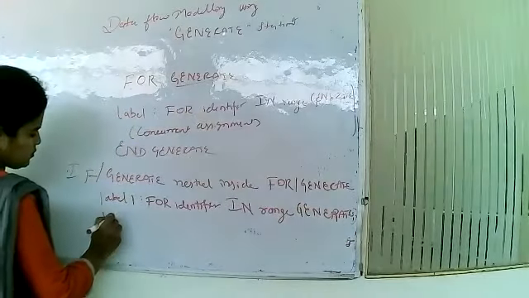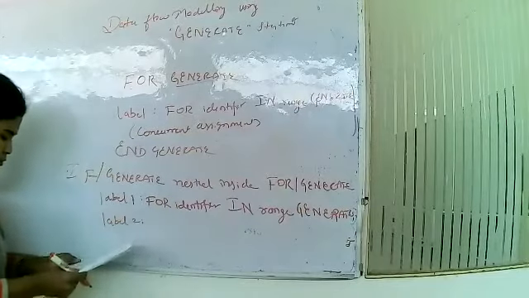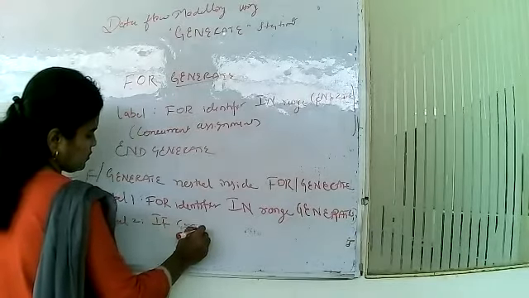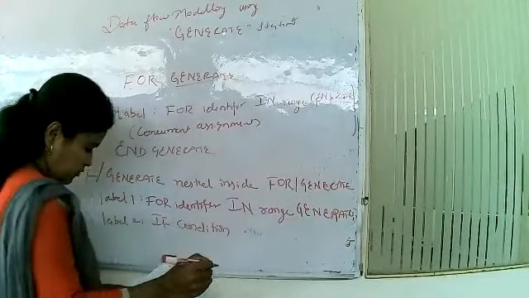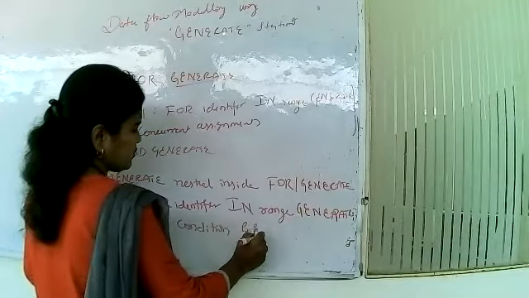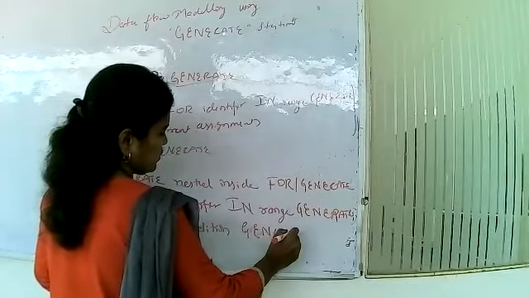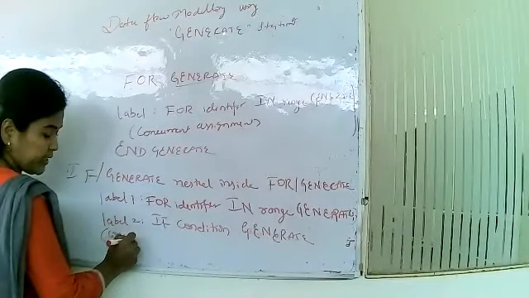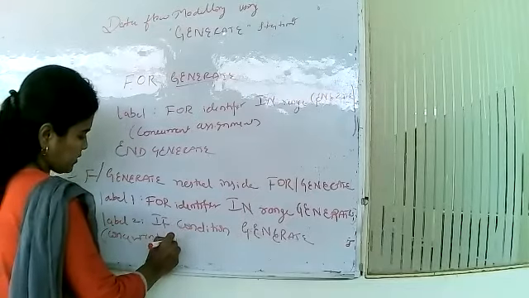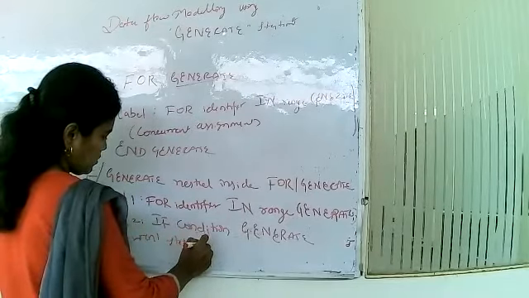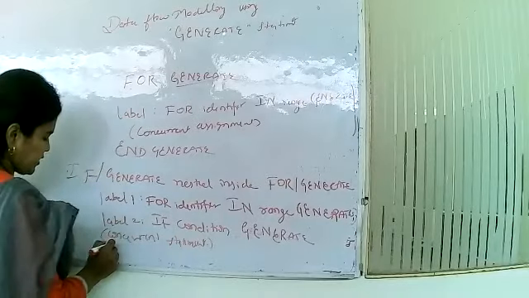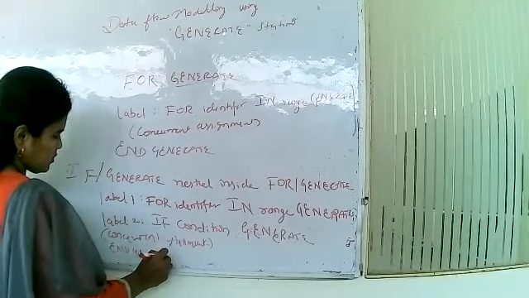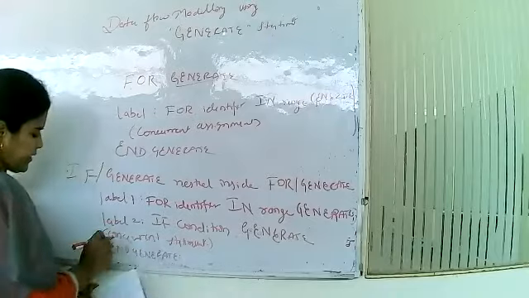Label 2: if condition generate. Concurrent assignment, I am writing it in brackets. Concurrent statements. And end generate. And end generate.